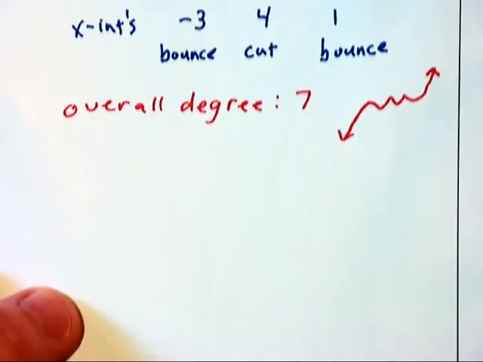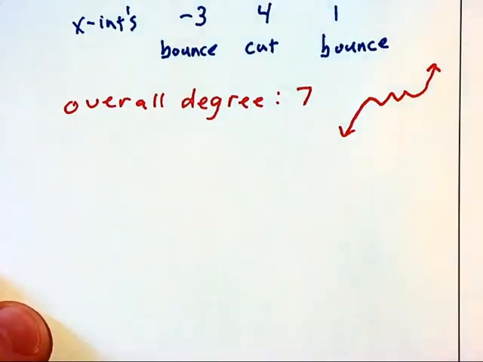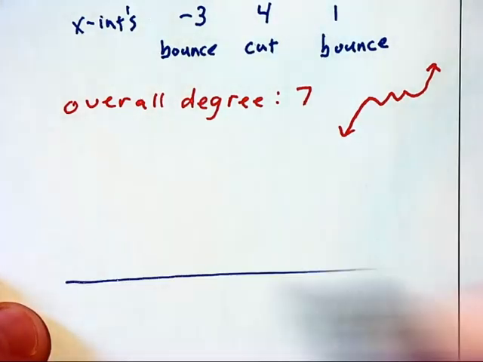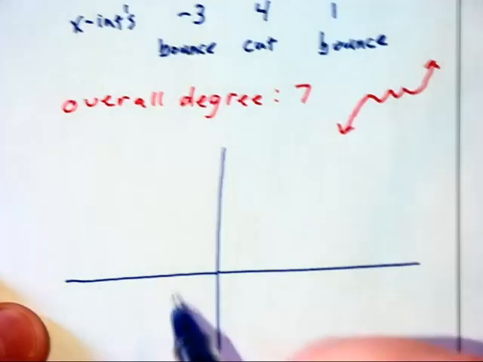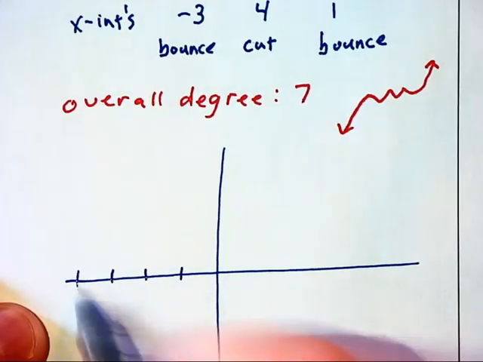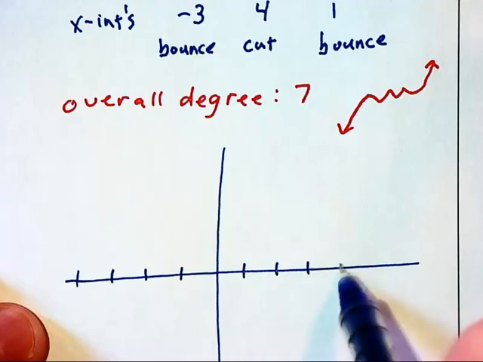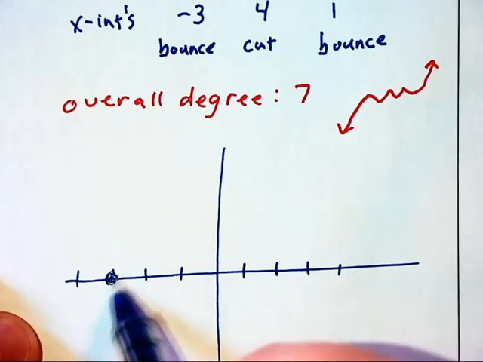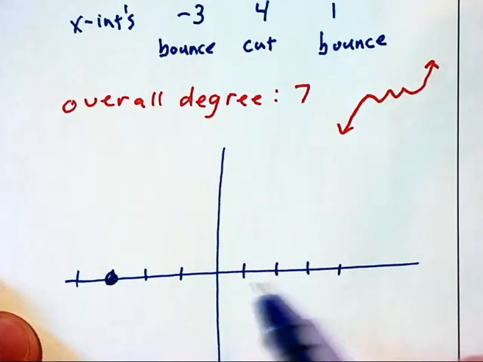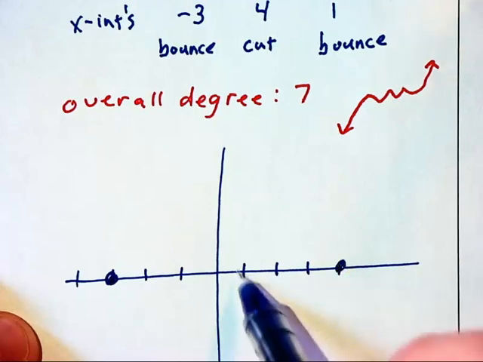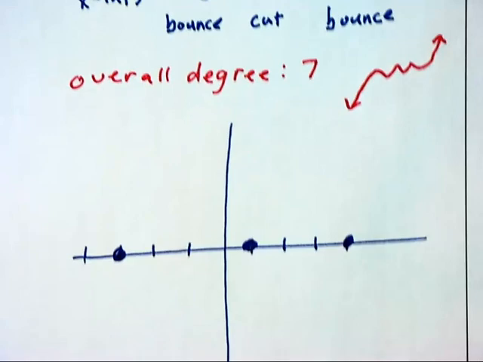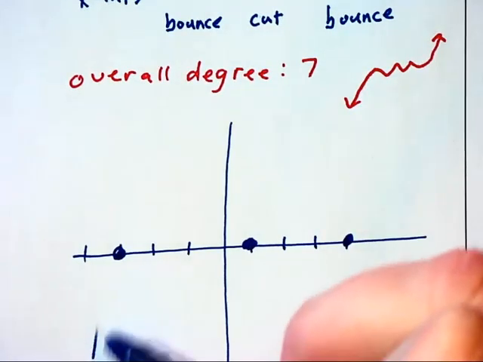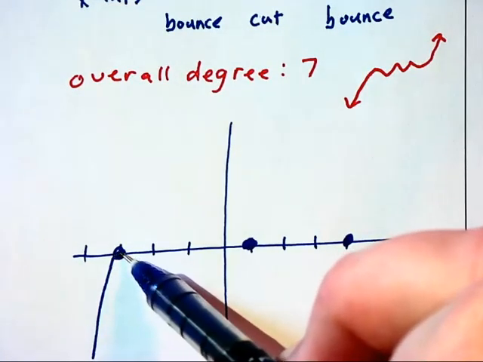So let's start with a number line here to help us with our sketch. Well, not a number line, I guess that's an XY axis the way I've drawn it. 1, 2, 3, 4 to the left, 1, 2, 3, 4 to the right. We're going to have x-intercepts at negative 3, at positive 4, and positive 1. We know it's going to be coming up from the bottom left, but it's going to bounce at negative 3.